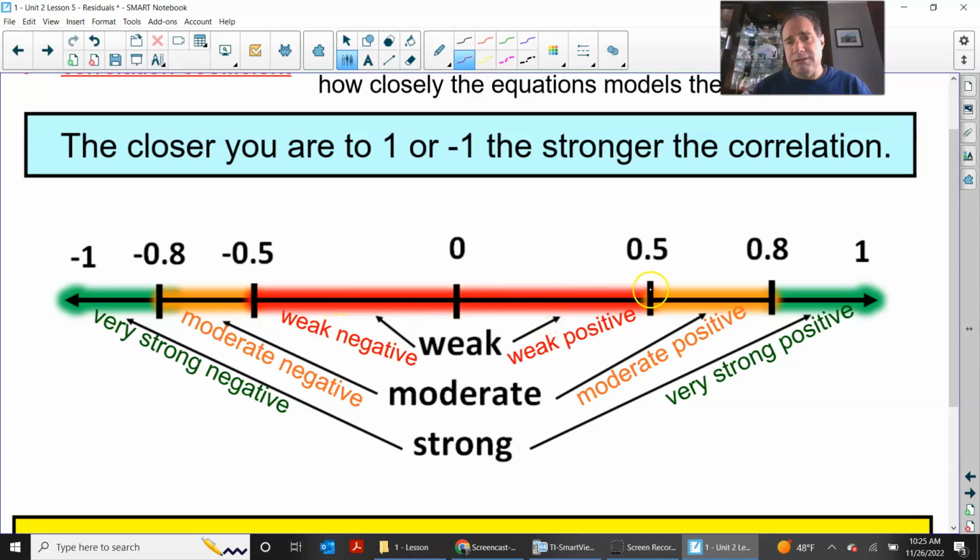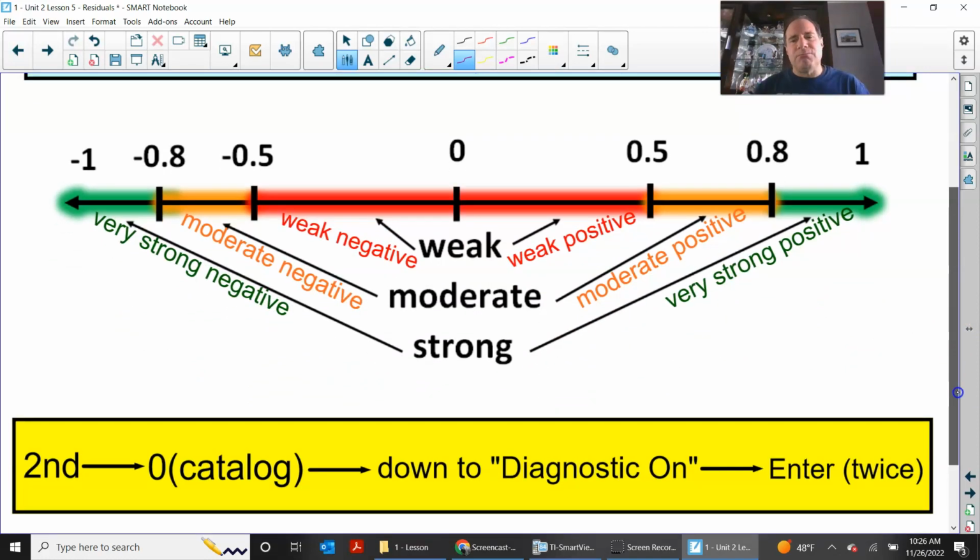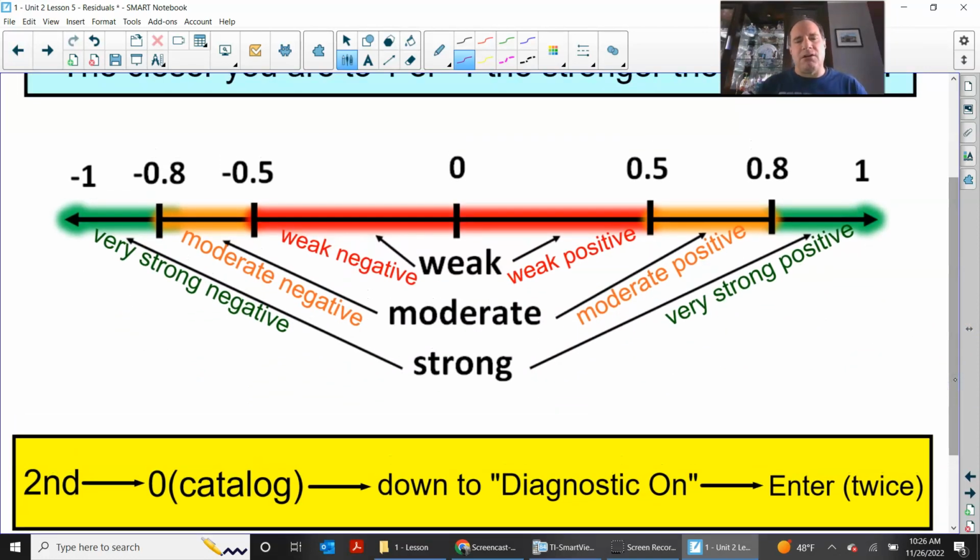From 0 to 0.5 is a weak positive. 0.5 to 0.8 is a moderate positive. And -0.5 to -0.8 is a moderate negative. And then from 0.8 to 1, and -0.8 to -1, is either a very strong negative or a very strong positive. And to get these numbers, you must turn diagnostics on.